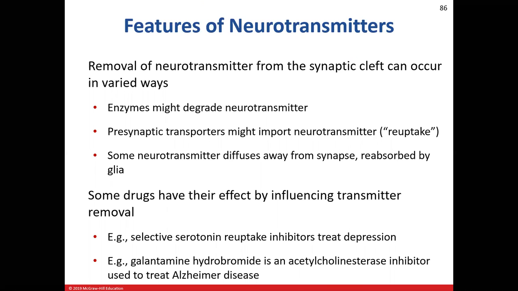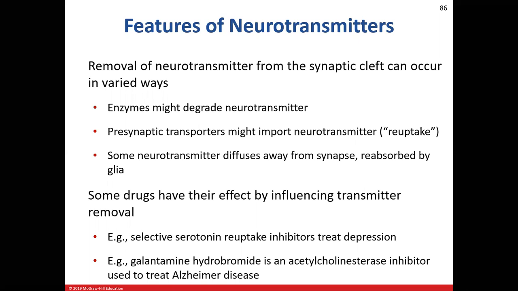We can also have that neurotransmitter be taken back up into the presynaptic neuron. And this is called reuptake. So not only do we have something that's breaking it down, we also can just take it right back into the synaptic bulb. And then the last way is some of the neurotransmitter just diffuses away from the synapse and is reabsorbed by glial cells.